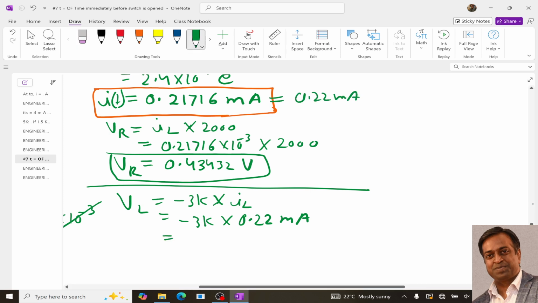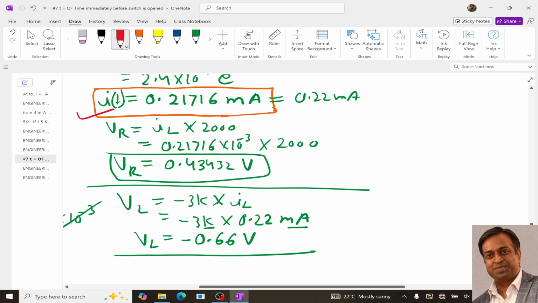So it will be minus 0.66 volt. This K and this milliampere will cancel out each other. So our VL is this, right? So at t equals to 1 microsecond, we get IL as this, VR as this, and VL as this, right? It is not IT, it is IL.